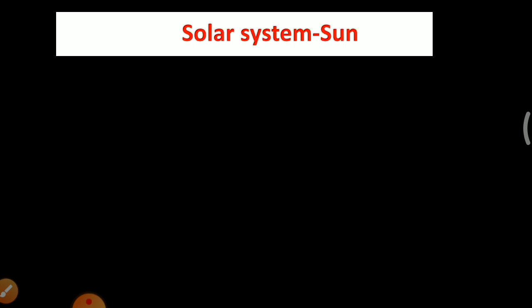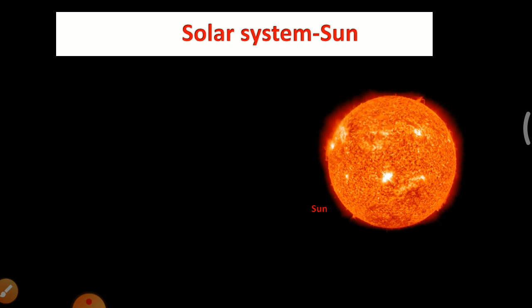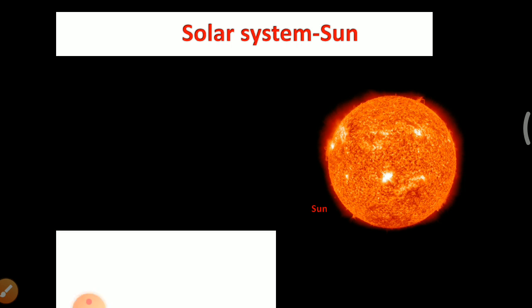Next we are going to learn the solar system. Look at this image. This is the sun. It is a very important star in the solar system because the sun is located in the center of the solar system. Other planets are around the sun.